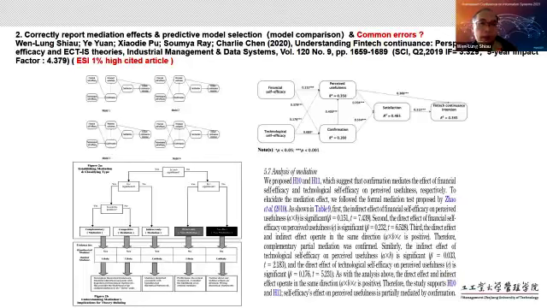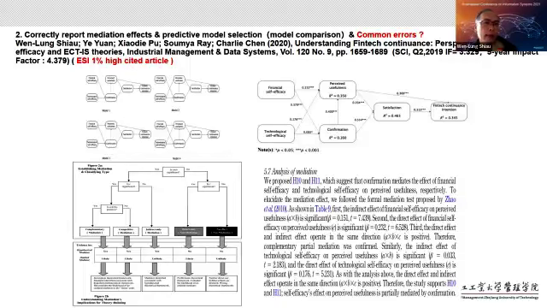Now we have 5 types. And for the correct ones, the Sobel test has a problem because of what? It is limited by the normal distribution. So if the indirect effect is not normally distributed, we must use the bootstrap to test it.